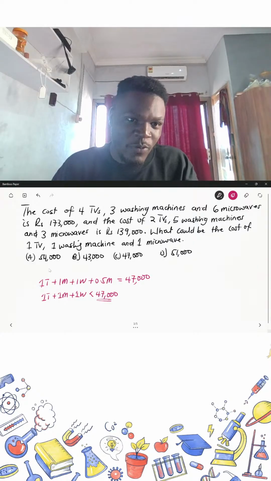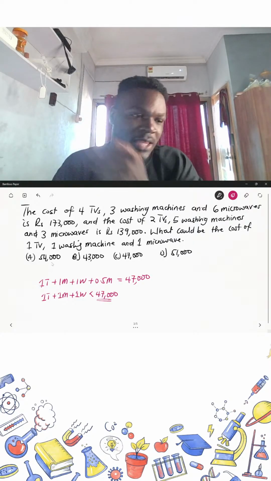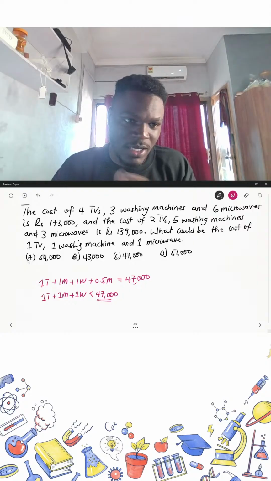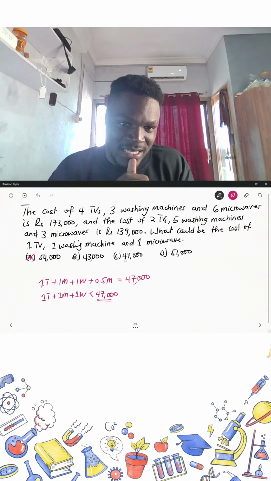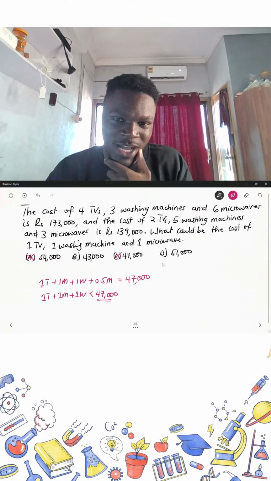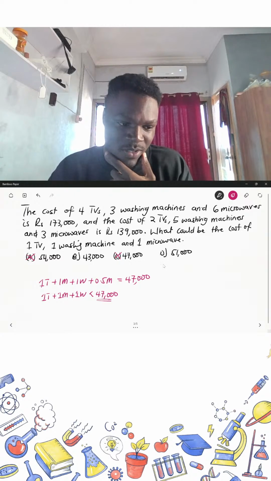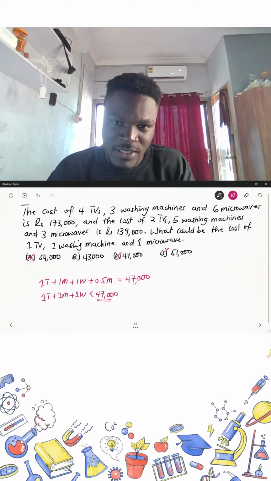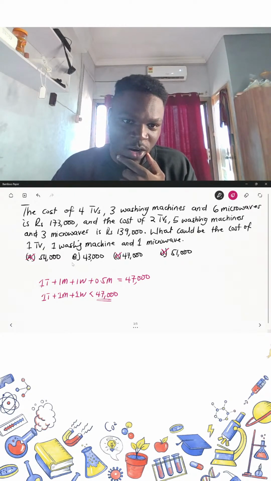47,000 below. So if you look at the possible answers, 54,000 is more than 47,000, so it is not the correct answer. If we look at option C, it is not the answer because it's exactly 47,000. If we look at option D, it is 51,000, which is more than 47,000, so it is not. So our correct answer is based on this assumption.